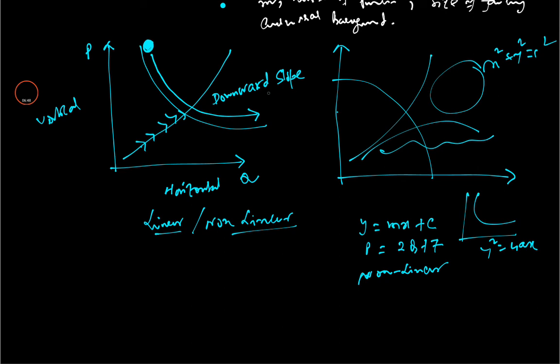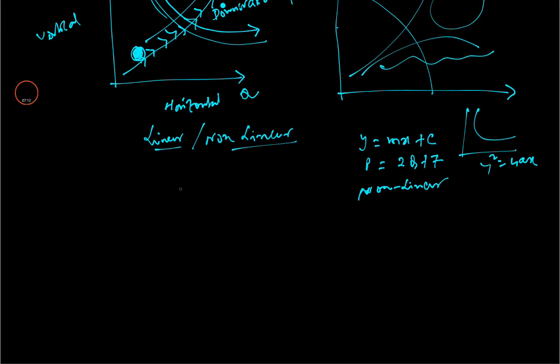The slope is what decides the ball's movement. But in this case, if you place a ball here, can it go up? The answer is, if there is anti-gravity, obviously it goes up. So it's called upward sloping.